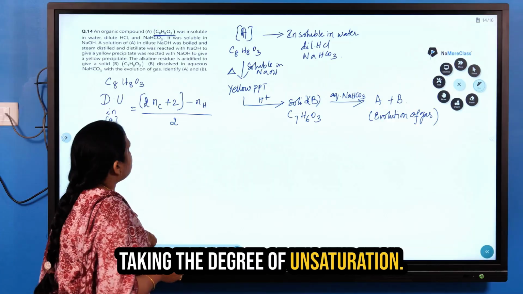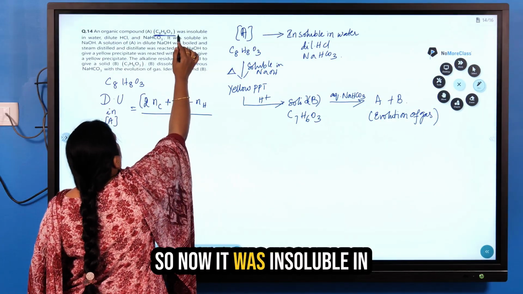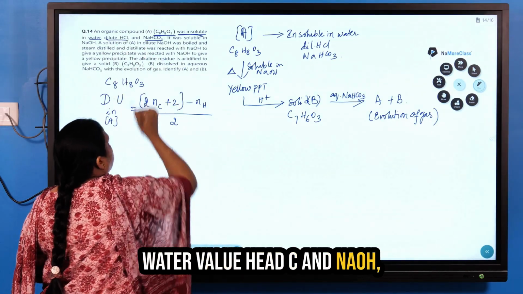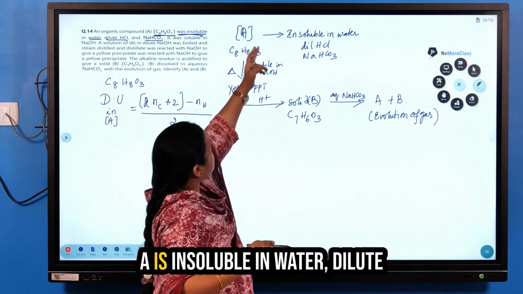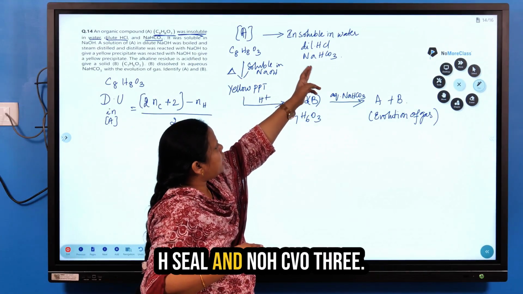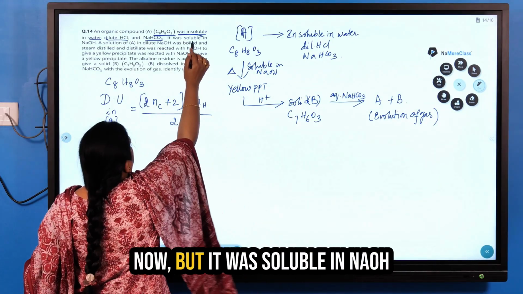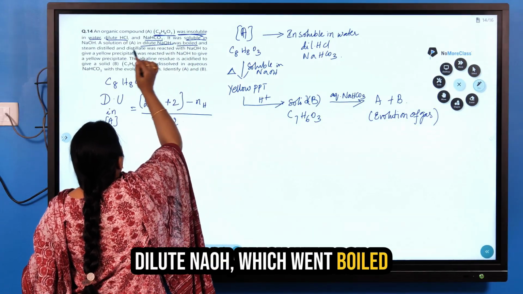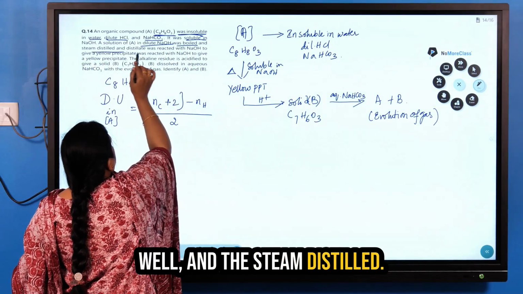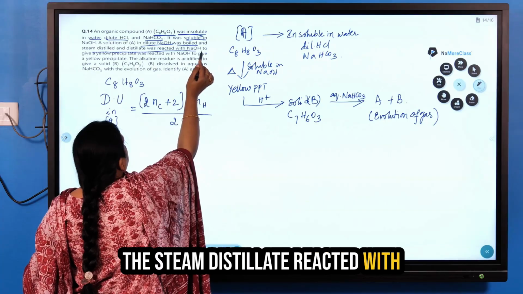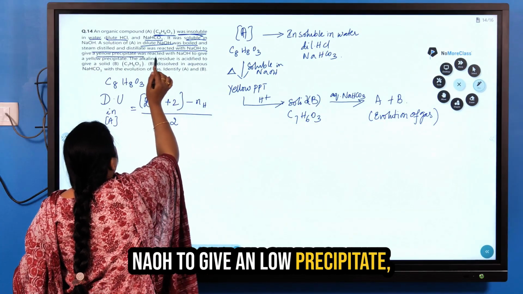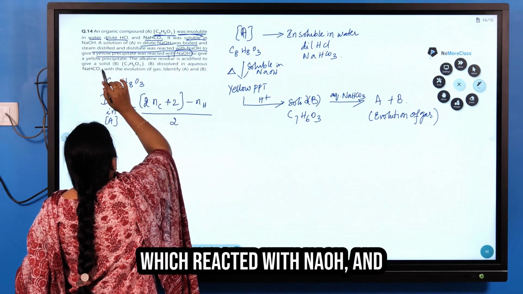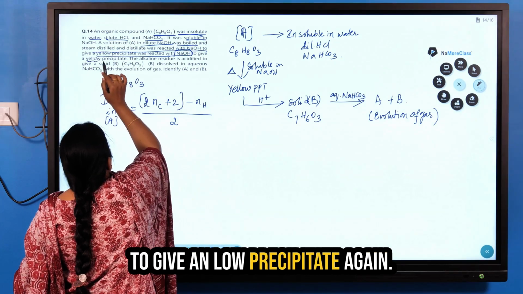Now, it was insoluble in water, dilute HCl and NaHCO₃, which I have mentioned here. But it was soluble in dilute NaOH, which when boiled and steam distilled, the steam distillate reacted with NaOH to give a yellow precipitate.